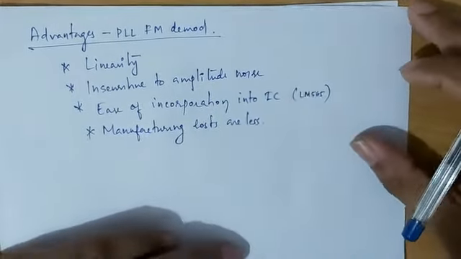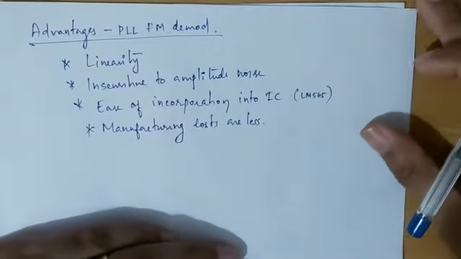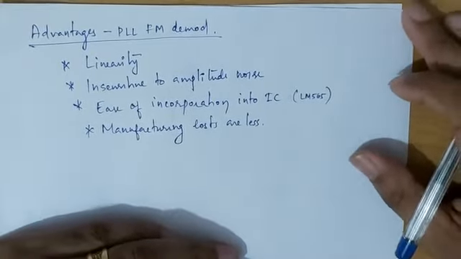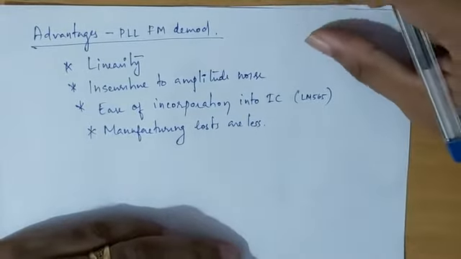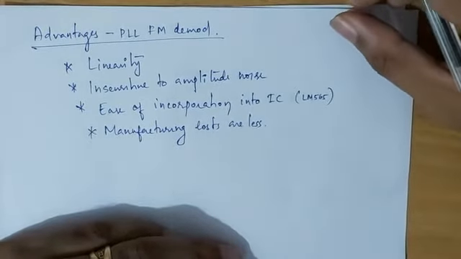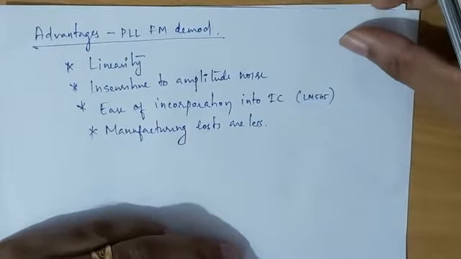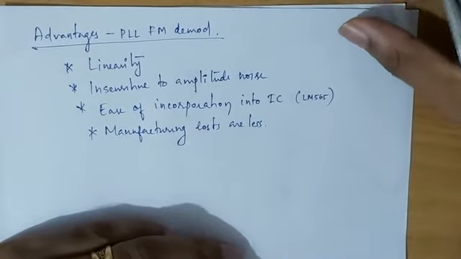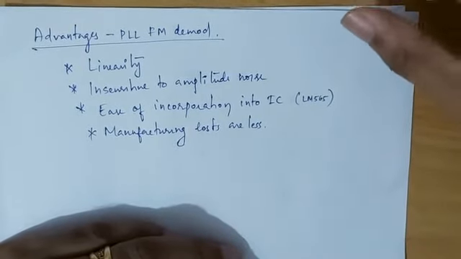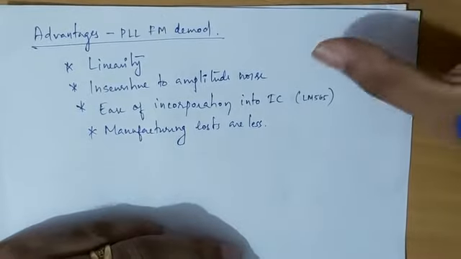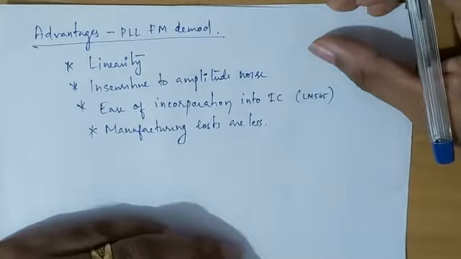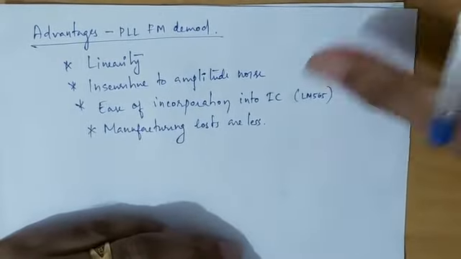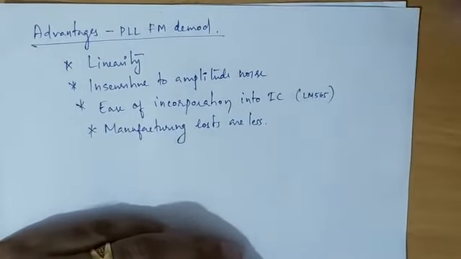Now let's discuss the advantages of the PLL FM demodulator. The first one is linearity. The linearity of the PLL FM demodulator is much higher than other FM demodulators. It provides a high degree of linearity over a wide bandwidth, that means for wide frequency variations.